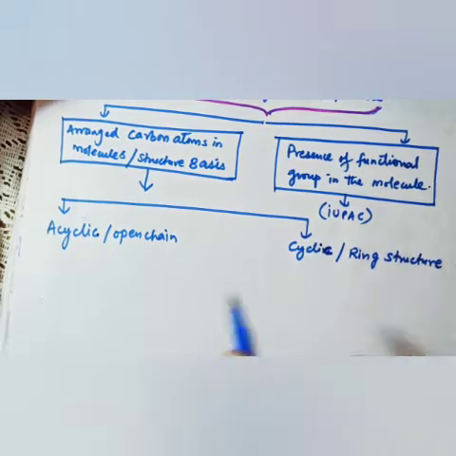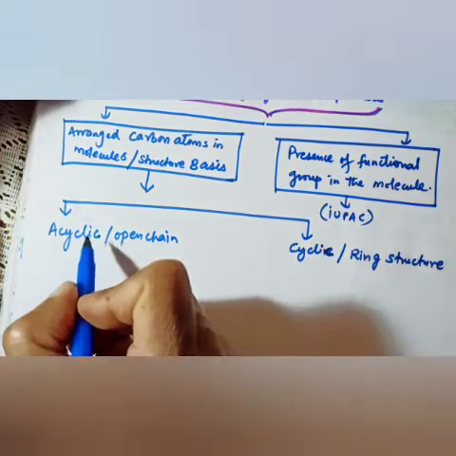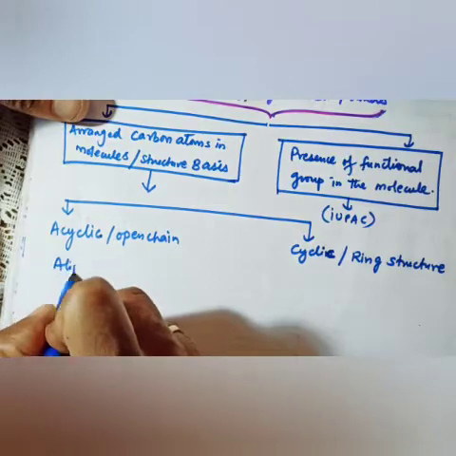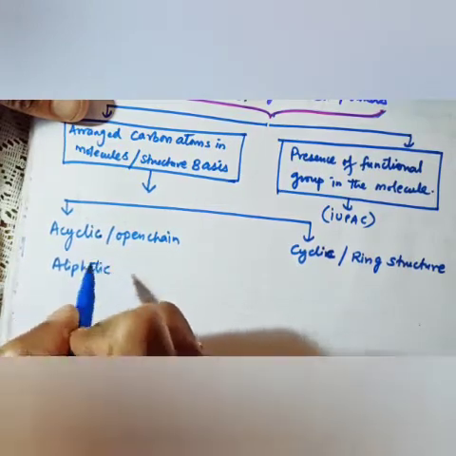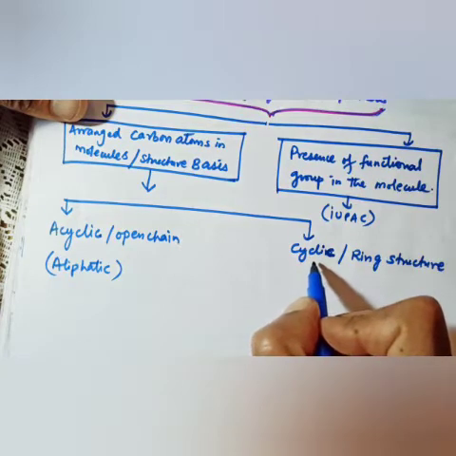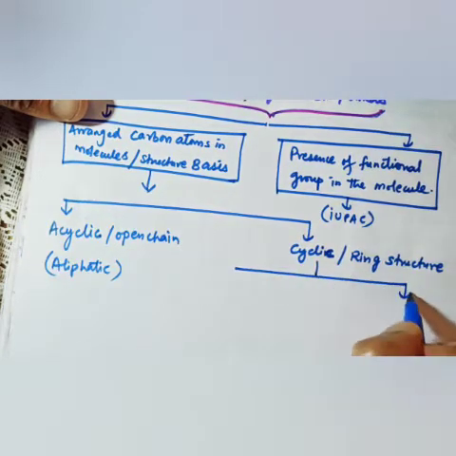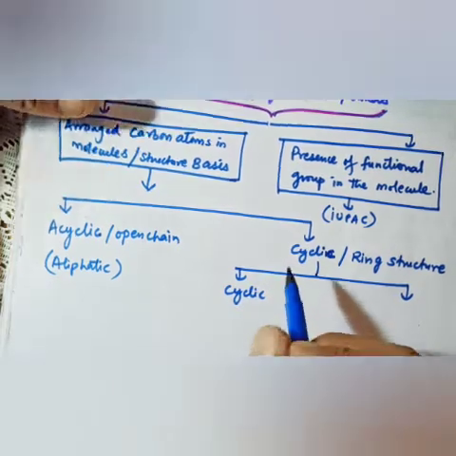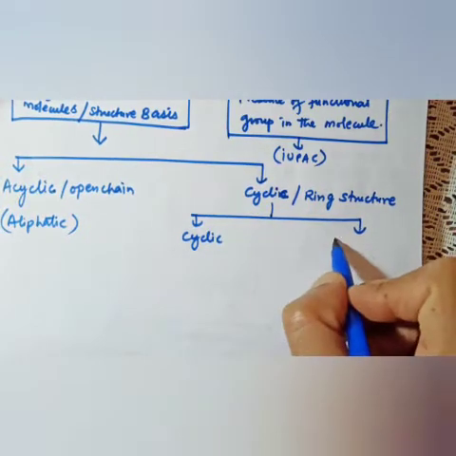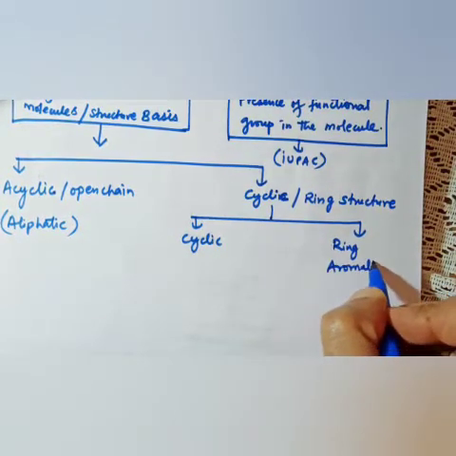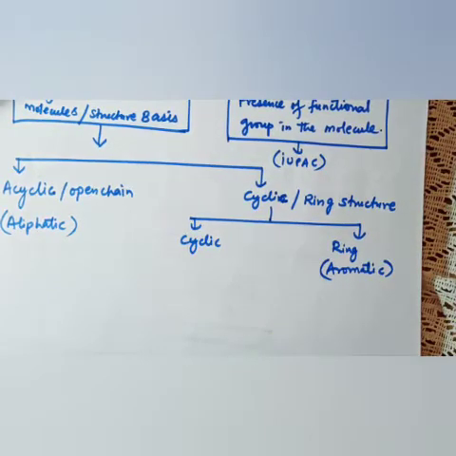Cyclic is of two types: one that does not have alternate double bonds, there can be single bonds also, and the aromatic one.